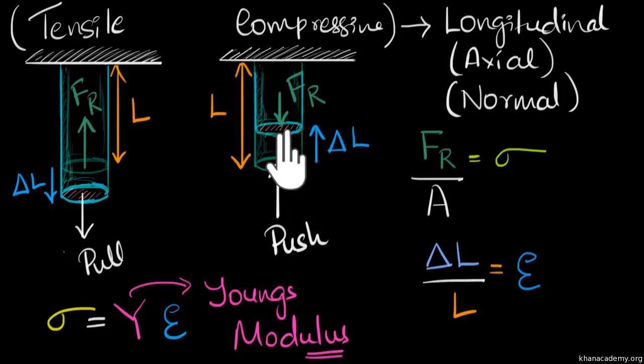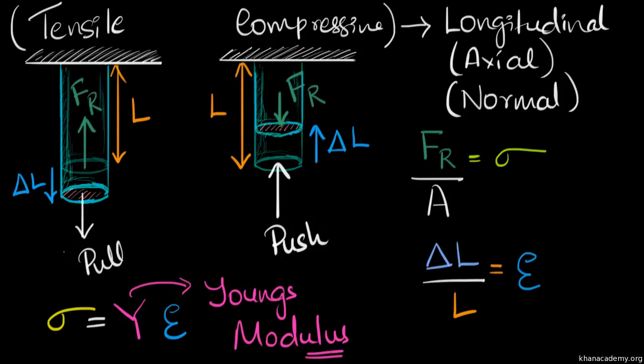So the thing to note is whenever we have the restoring force perpendicular to the area, we call that the normal stress or longitudinal stress. And whenever we're dealing with longitudinal stress or strain, the modulus of elasticity that we need to use is called the Young's modulus.